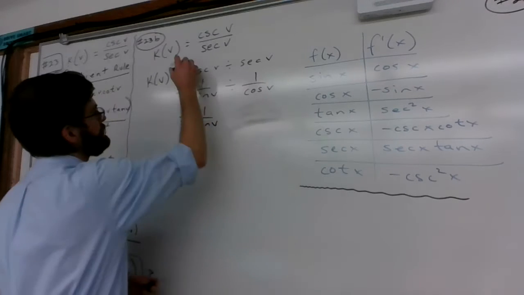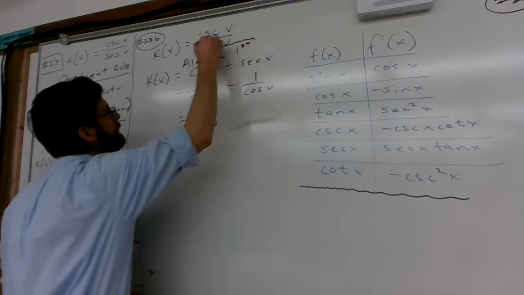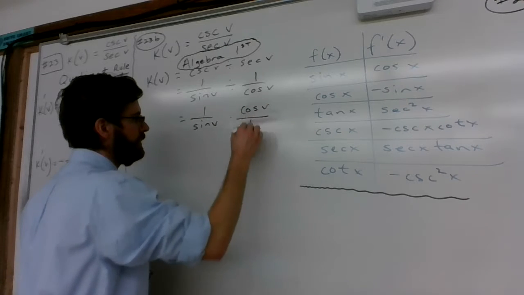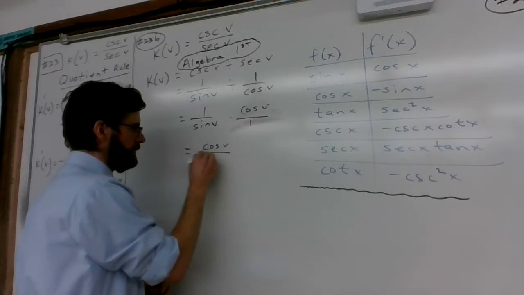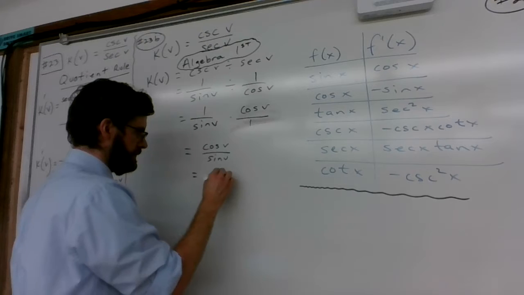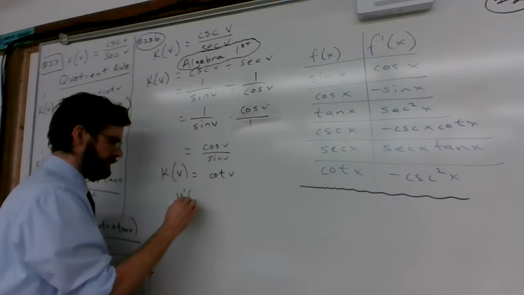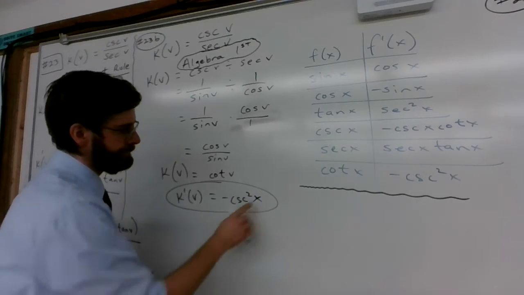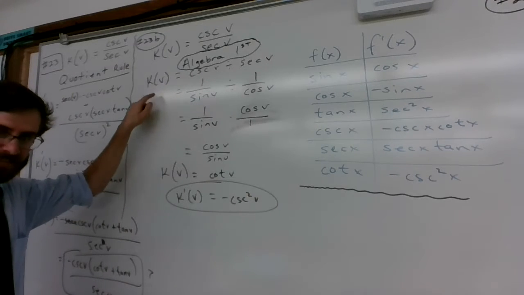This is still algebra first. Oh, cosine over sine. That's cotangent. What's the derivative of cotangent? Negative cosecant squared.